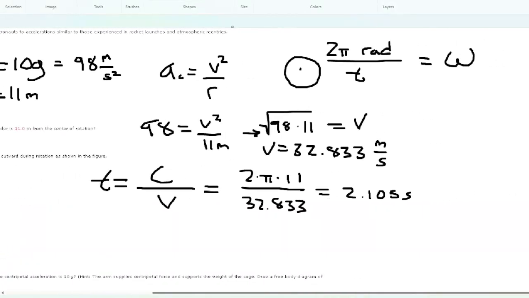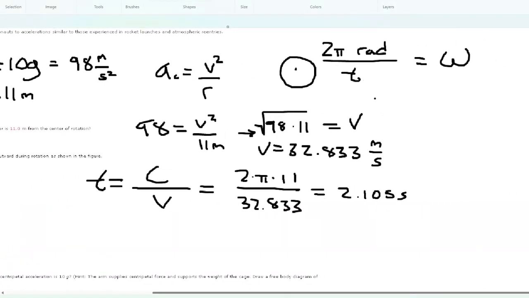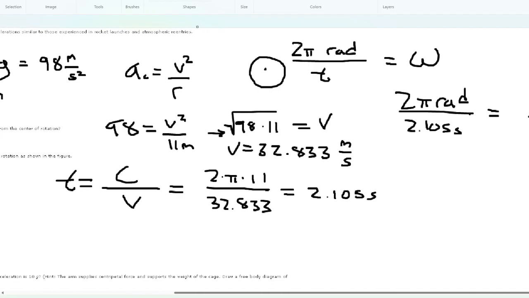So with that, let's divide 2 pi radians by this time, 2.105 seconds. And here's a quick question for you. What are the units going to be for angular velocity? Go ahead and pause the video and give it a shot.